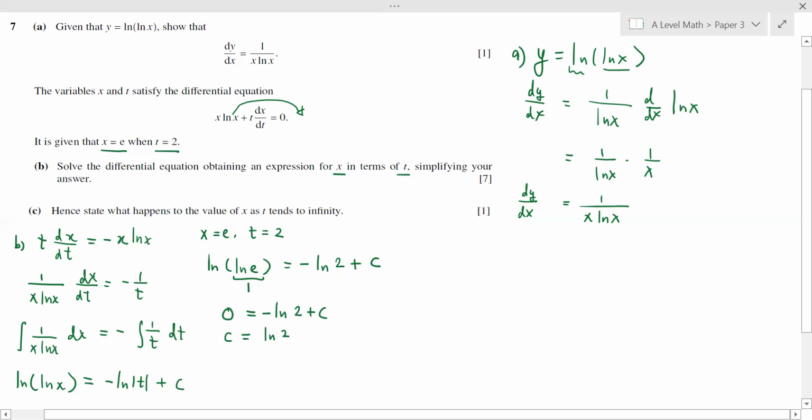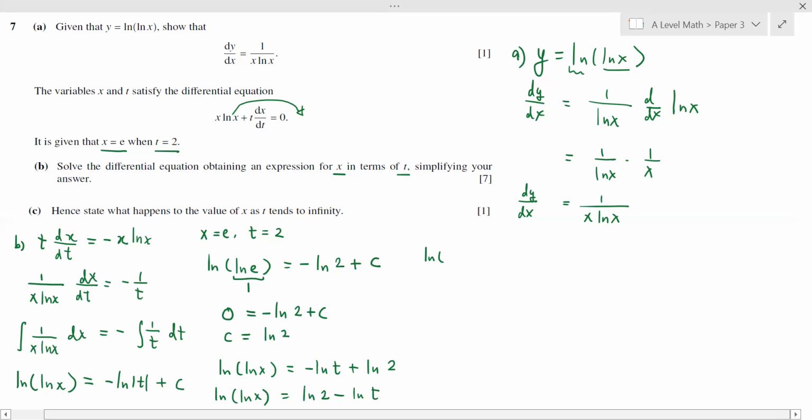So replacing c with ln 2, we have ln of ln x equals negative ln t plus ln 2. That is actually ln 2 minus ln t. And using the quotient law of logarithms, that will give us ln of ln x equals ln of 2 over t.